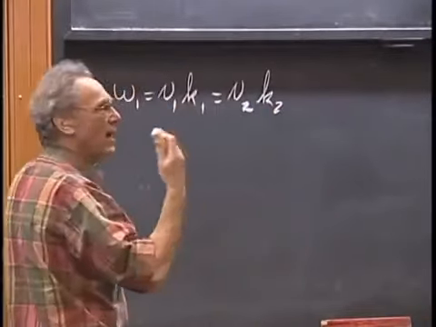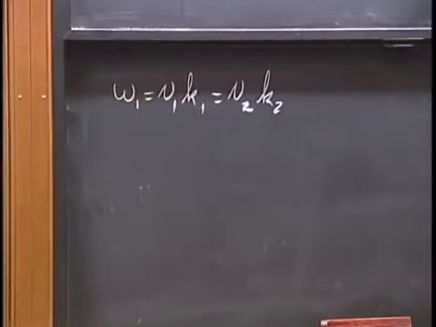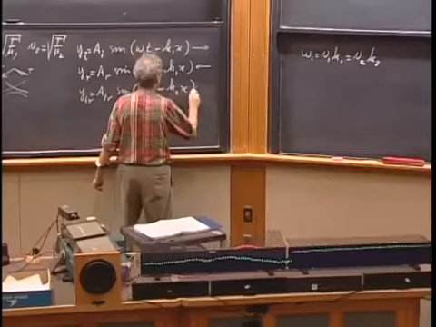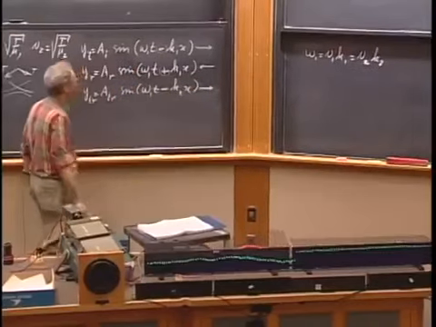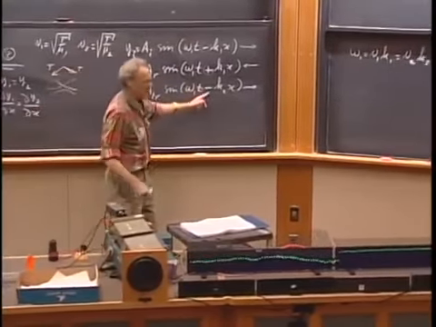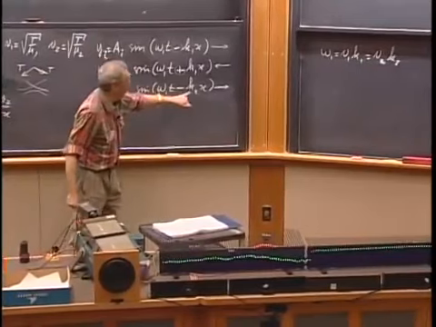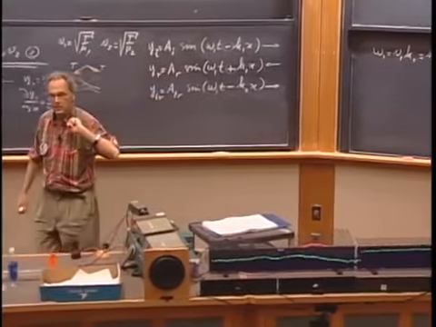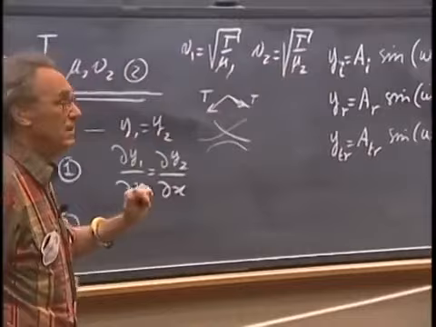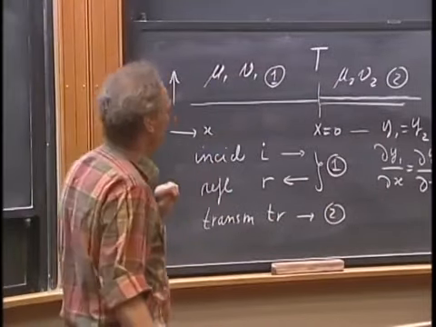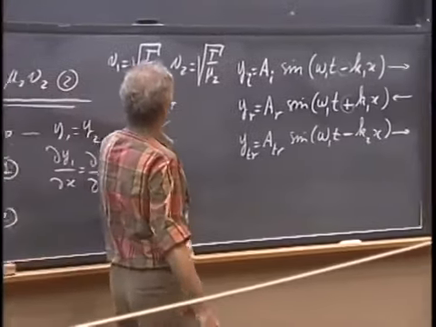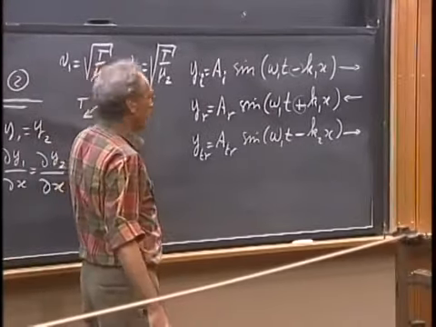So I get here minus k2 times x. So this goes into the second medium. The minus sign indicates it's going in this direction, but the k2 is different because the speed is different, because v2 is different from v1. And so with the same frequency, I get a different value for k.